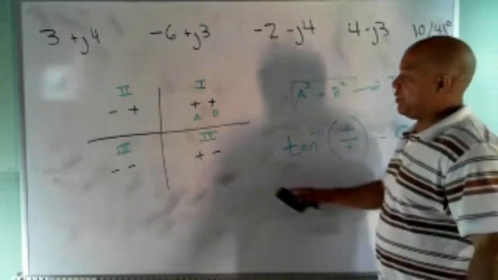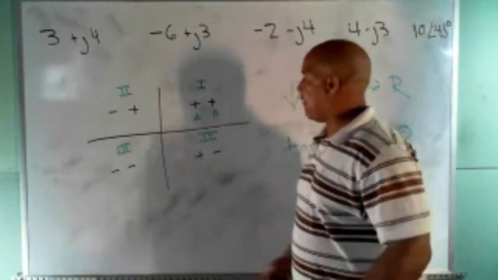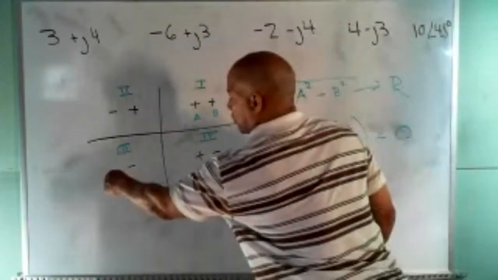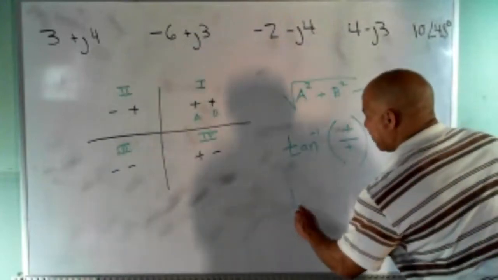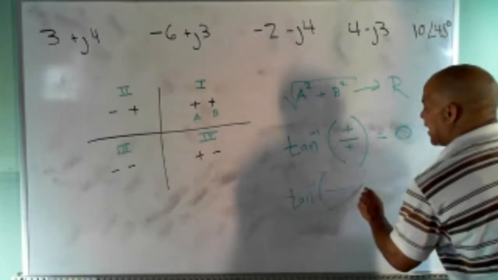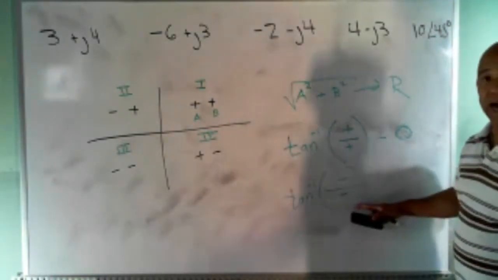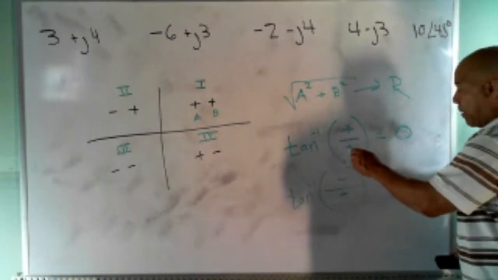Well, the problem is you get exactly the same thing if you're in quadrant 3. If I'm in quadrant 3 and my complex number is over here, then if I take the inverse tangent, I got the inverse tangent of a negative over a negative. Well, a negative divided by a negative is a positive, and a positive divided by a positive is a positive.